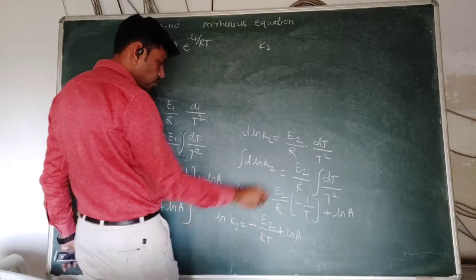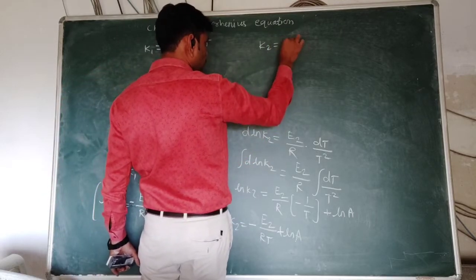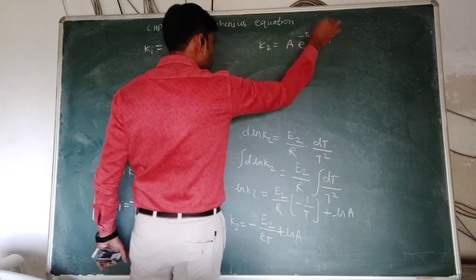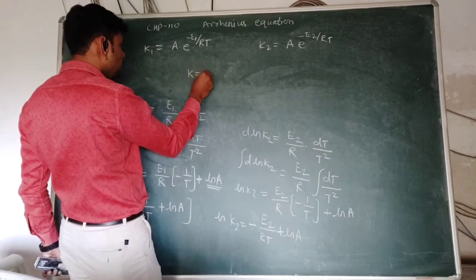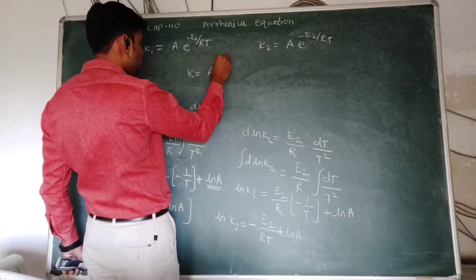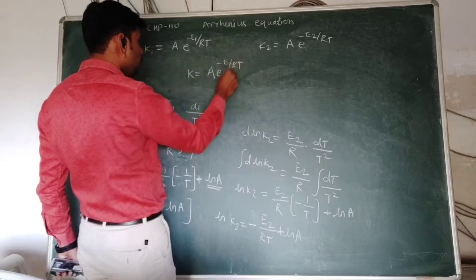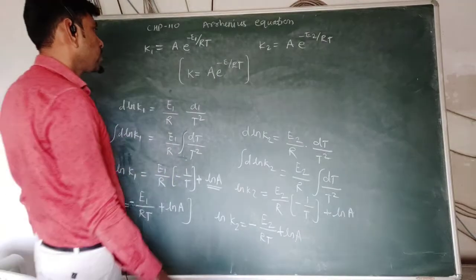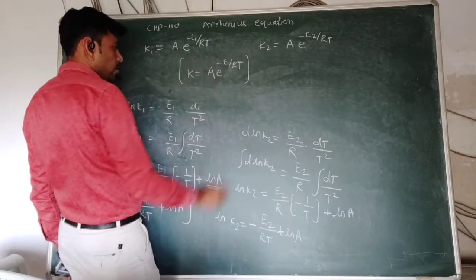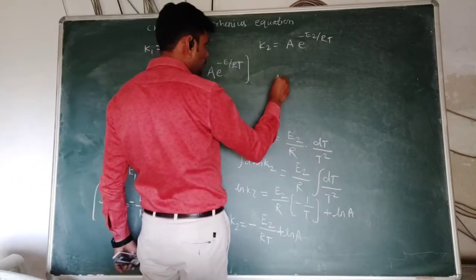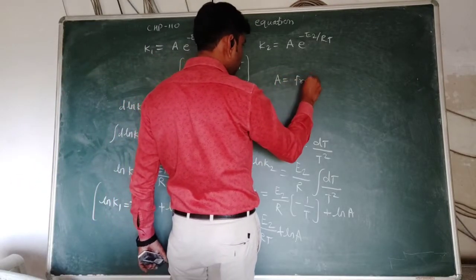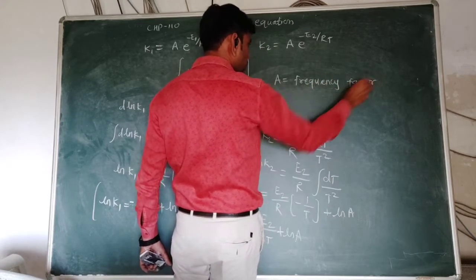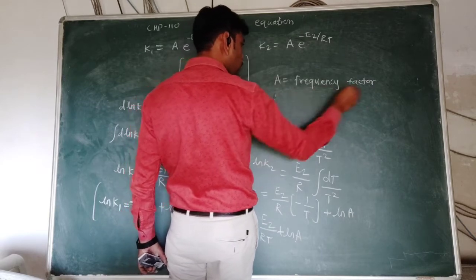Similarly k2 equals a e raised to minus E2 upon RT. In general we can write k equal to a e raised to minus E upon RT, where E is the energy of activation, R is the gas constant, T is the absolute temperature, and a is another factor. a is known as the frequency factor, or it is also called the collision number.